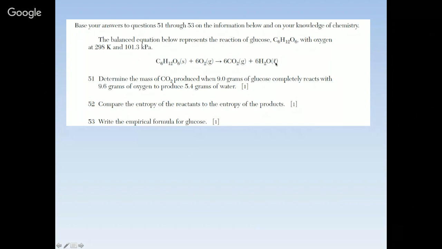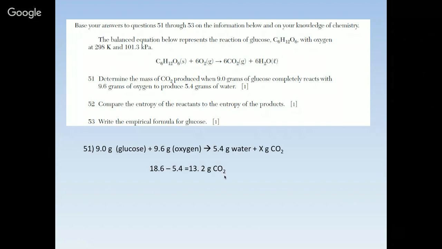We have 9 grams of glucose and 9.6 grams of oxygen, so this side of the equation comes to 18.6 grams. This side should also be 18.6 grams. The water is 5.4 grams, so all we have to do is subtract them, and you should get 13.2.